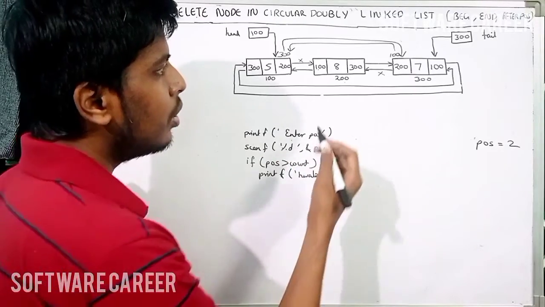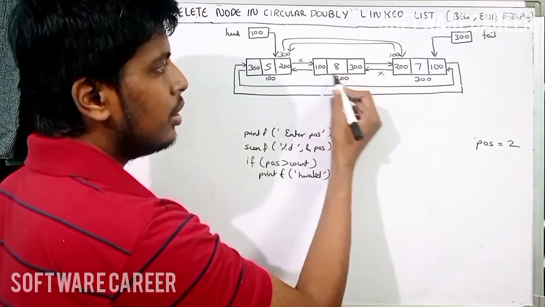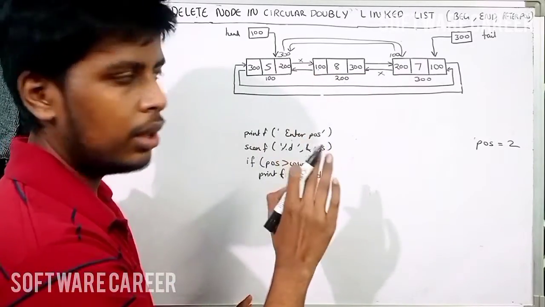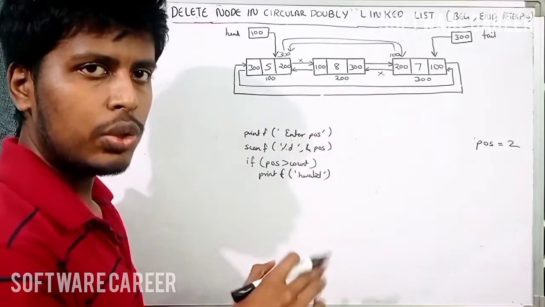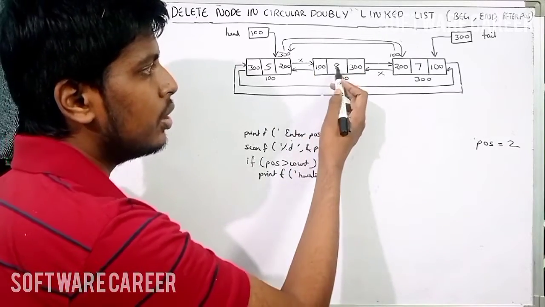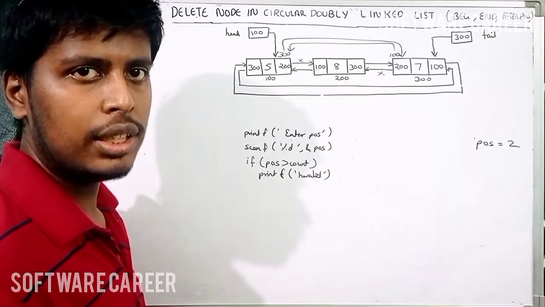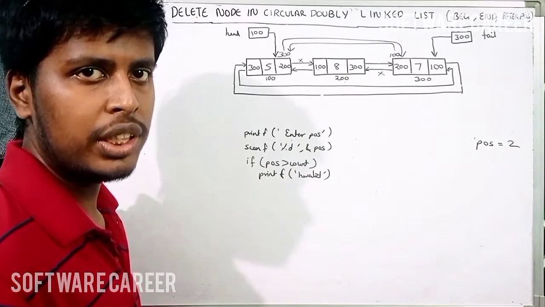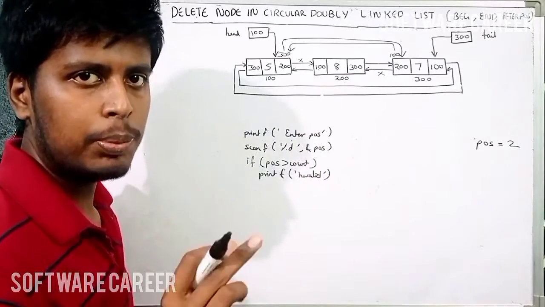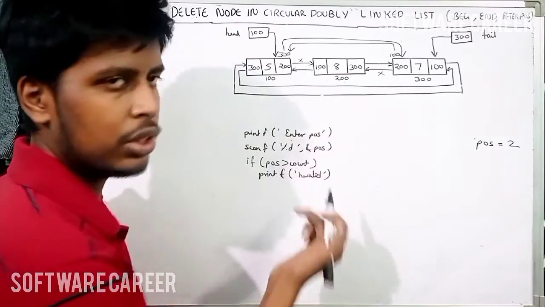Now this node is not part of this linked list, but you should still delete it. Why delete it? Because it causes memory wastage, since data is stored in this memory. So I should free that space. How to free it? I should access this node, and for accessing I need a pointer, but no pointer is pointing to this node.